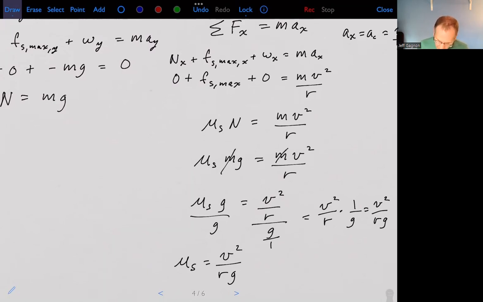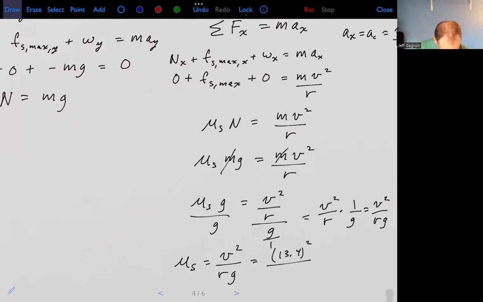And now we have everything that we want, right? The whole goal was to figure out what that mu s was. What is the coefficient of static friction between the road and the tires that allows that car to move in a circular path? So I can plug in now. So my v is my magnitude of velocity, which is my speed. That was 13.4. Let's square that.